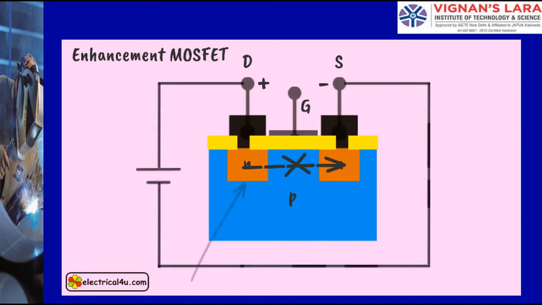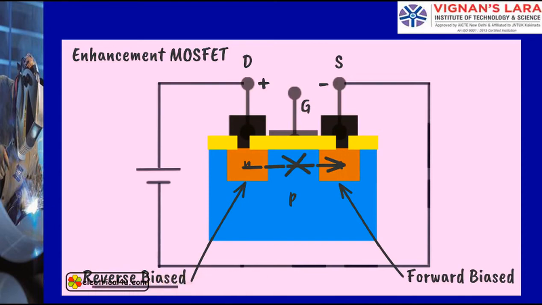Moreover, due to the applied positive voltage at drain, the P-N junction between the N-type drain and P-type substrate is reverse biased, and due to the negative voltage at the source, the P-N junction between the N-type source and P-type substrate is forward biased. Since the reverse biased junction is in series with a forward biased junction between drain and source, there will be no current through this path.